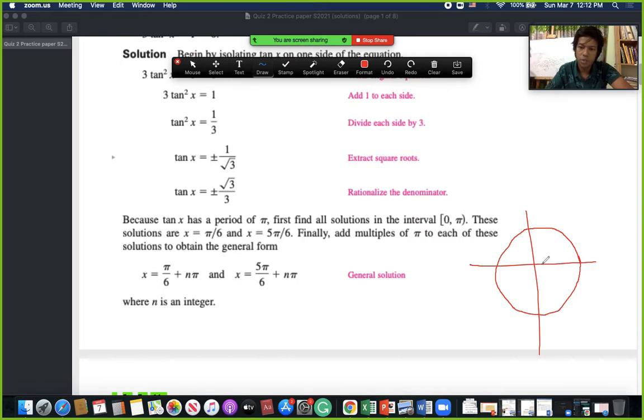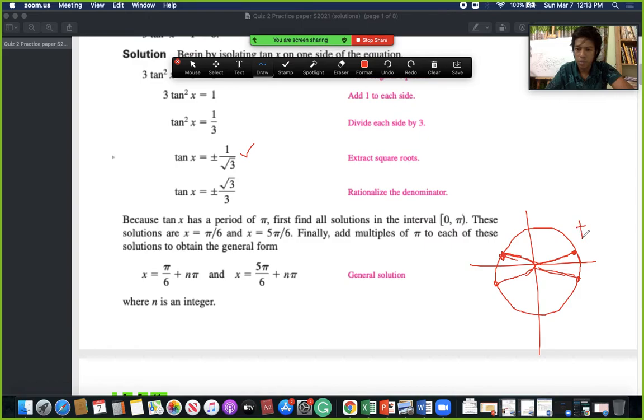If you draw a unit circle, tan 30 degrees equals 1 by root 3, or root 3 by 3, and here also it is 1 by root 3, here also it is 1 by root 3. At all these four values, all of them will be 1 by root 3.